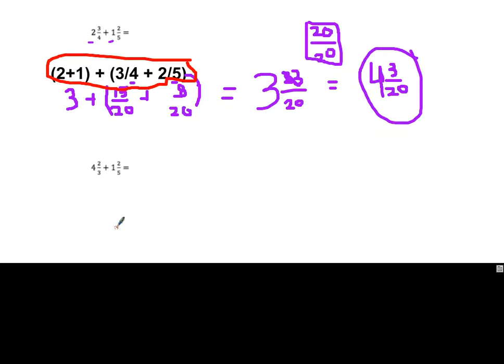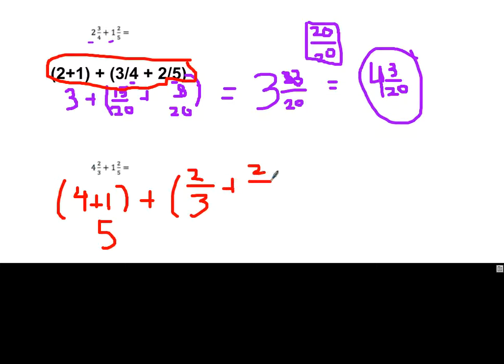All right, hopefully you already found the answer by adding 4 plus 1 together, getting a whole of 5, and then adding that to the 2/3 and 2/5. 2/3 and 2/5 have a common denominator of 15.